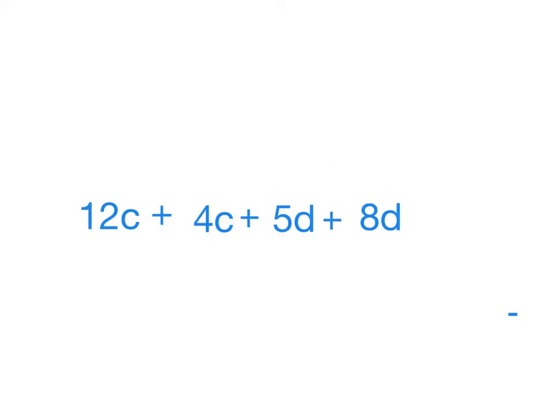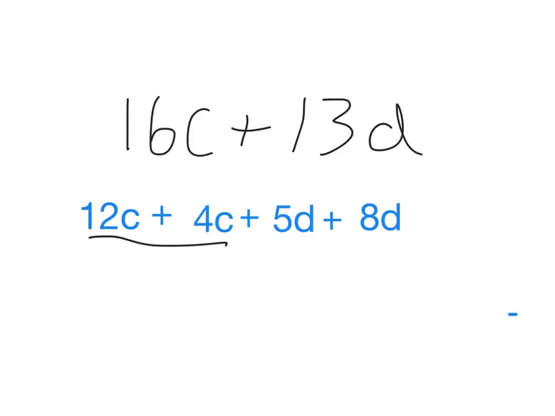But now it's much easier. I think I'll write on top here just to be different. 12c plus 4c. What's that? I can't hear you. Of course I can't hear you. It's a video. 16c plus 5d plus 8d, 13d. Boom. The end.